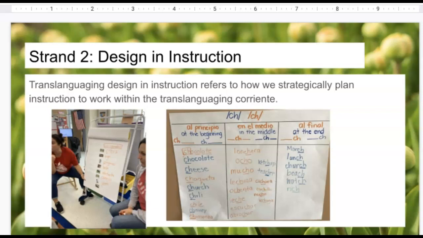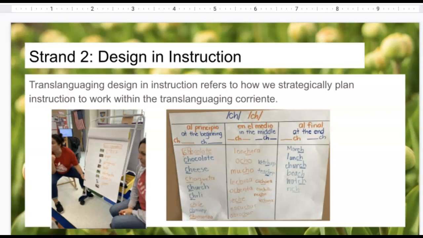So here, this bridging lesson took a couple of days where we taught beginning, middle, and end that they had already learned in Spanish in literacy, and the English teacher came in and taught them those words in English. And we did some examples with the text. And then in the text and in the classroom, we looked for words that had CH in them.